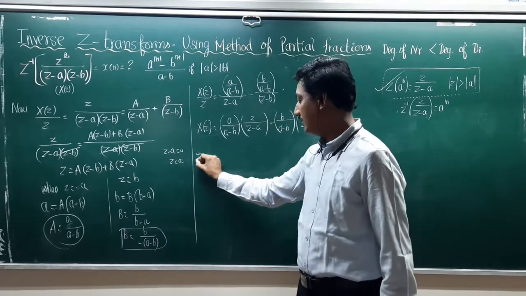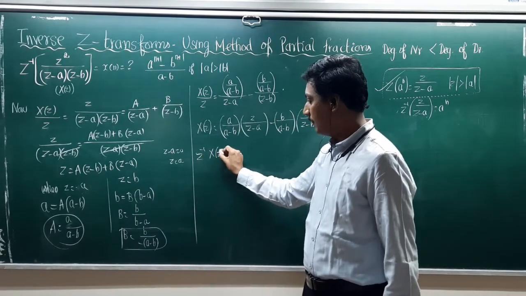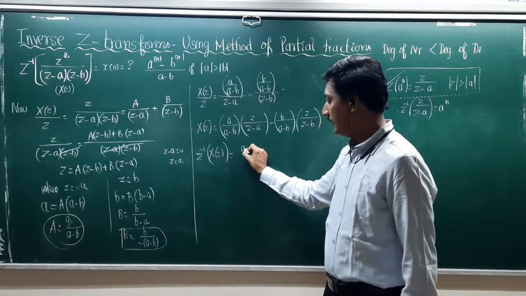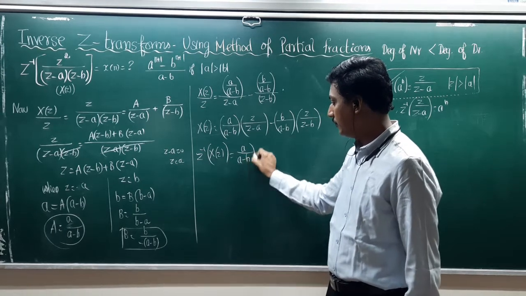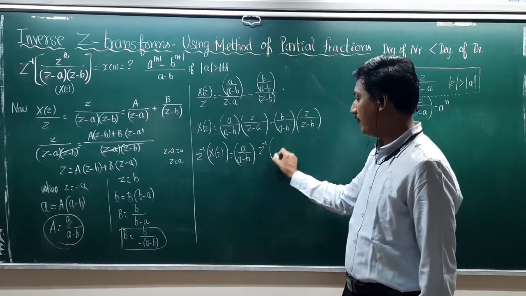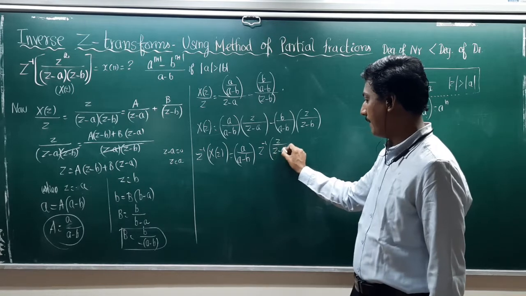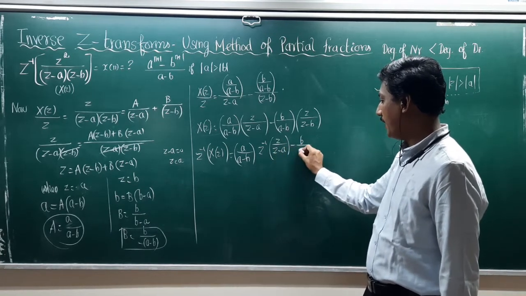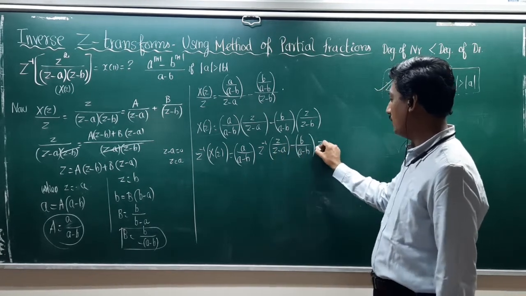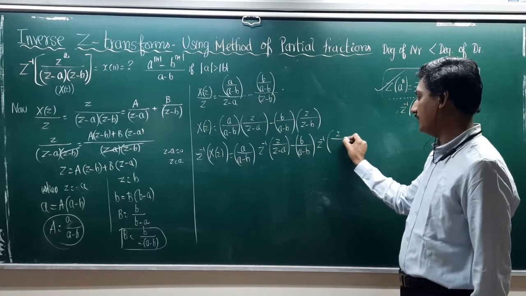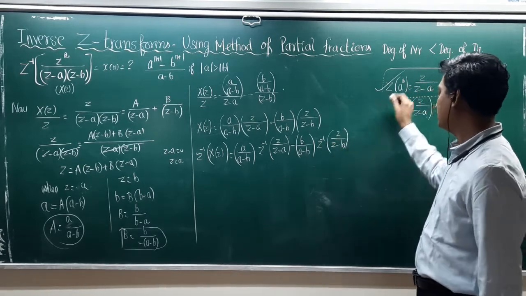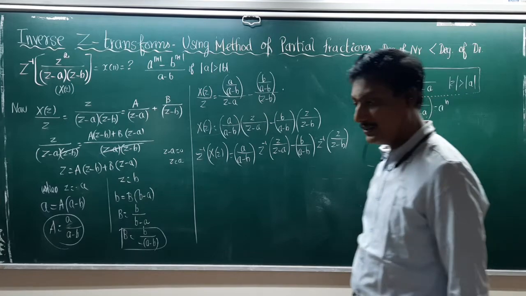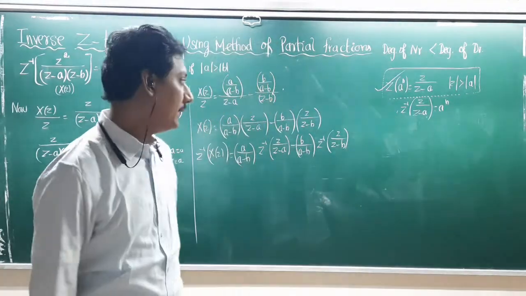Now take the z inverse on both sides. By using the linear property, this is a by a minus b into z inverse of z by z minus a, minus b by a minus b into z inverse of z by z minus b. By using the standard result, z inverse of z by z minus a is a to the power n, and for b it is b to the power n.